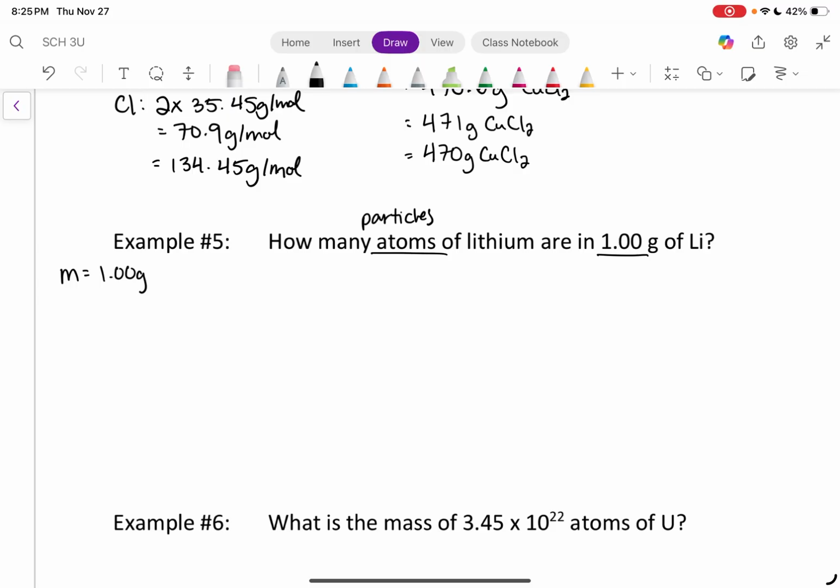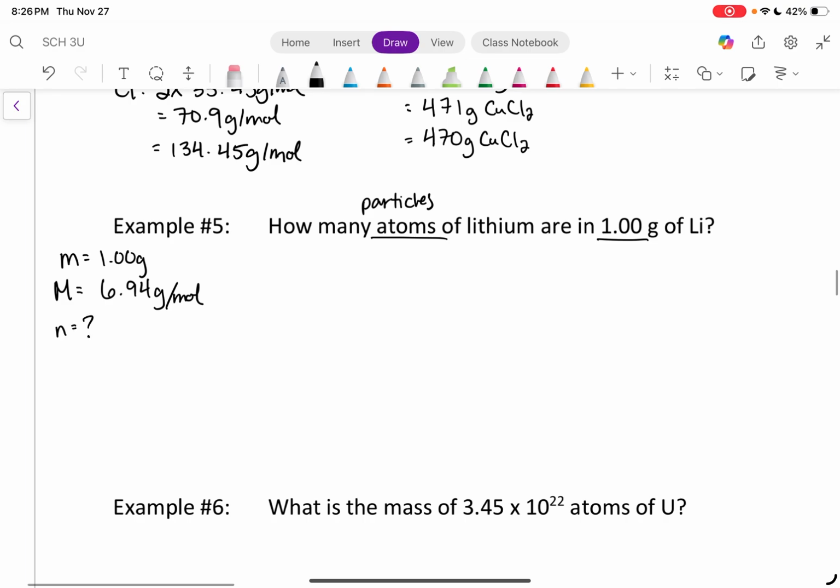But what I can find is our molar mass. So the molar mass of lithium, if I look on the periodic table, is 6.94 grams per mole. And if I use these two numbers, I can use them to solve for the number of moles. And then once I have the number of moles, I can use that and Avogadro's number to solve for the number of particles. So step one, we need to solve for the number of moles.